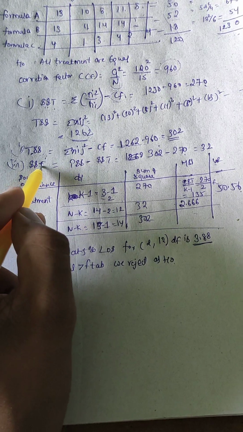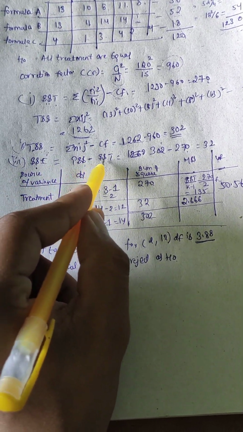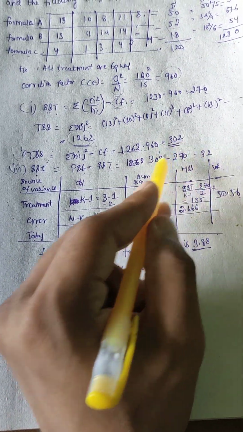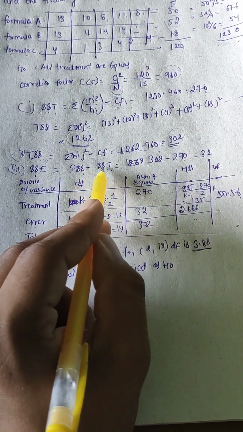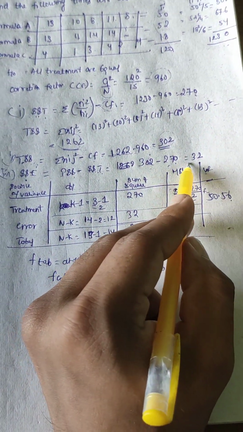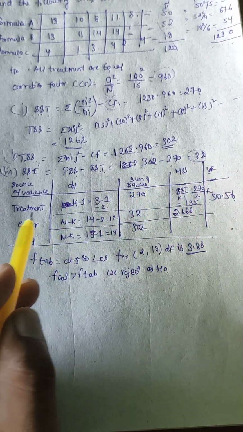The formula is the total sum of squares minus the sum of squares of treatment, so 302 minus 270, we get 32.